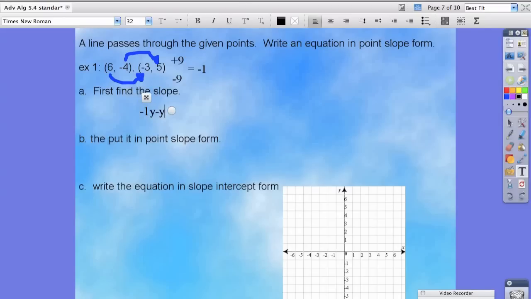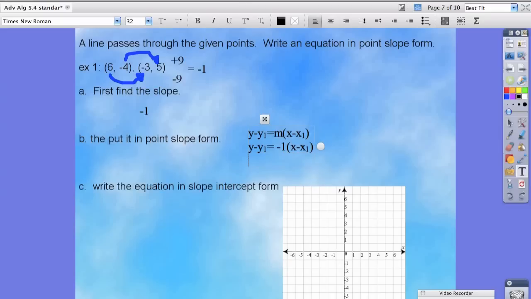So remember, y minus y sub 1 equals m times the quantity x minus x sub 1. Now, we have the slope, so y minus y sub 1 equals, the slope is -1 times x minus x sub 1.